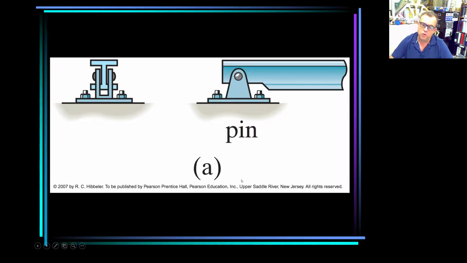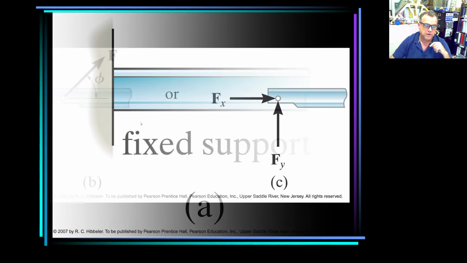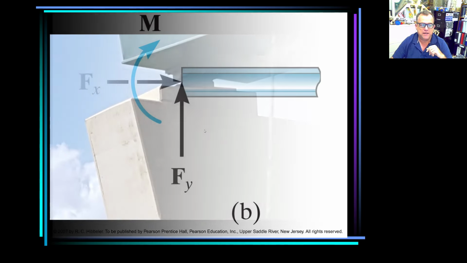Two, in any direction that you want, except collinear, two different directions, or one with a known line of action. You vote for this one more than for that one because it's going to be easier for you. Fixed support, how many? Three. What three? And we're talking 2D again. Two force reactions and one moment reaction, and that's basically it.